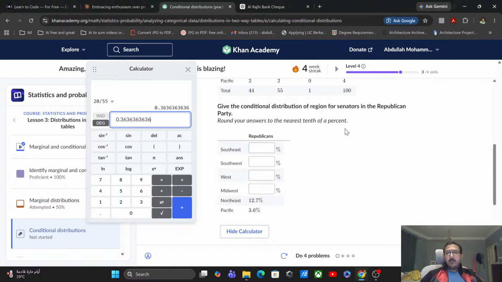Nearest tenth of a percent. Oh my God. 36.4.